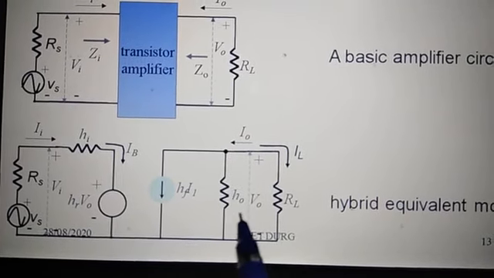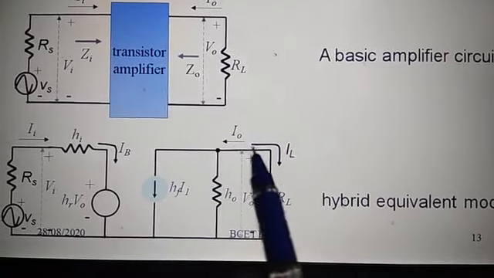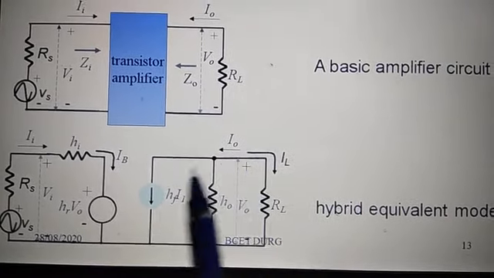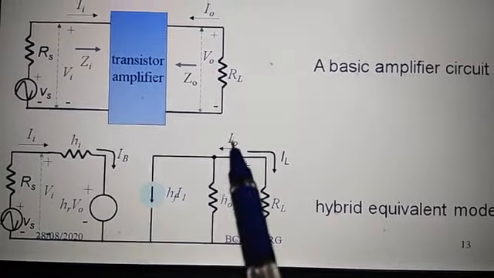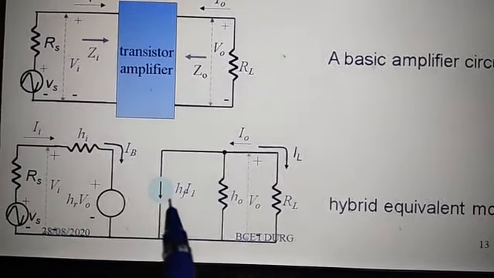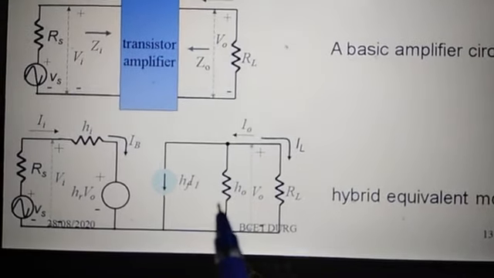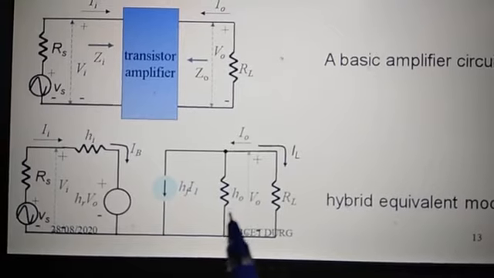This shows the output voltage here, load resistance. This load current flows through the load resistance and output current flows through this. This output current is divided into two parts. This current Io is divided into this current source HF into I1 plus this Io flowing through this conductance HO.